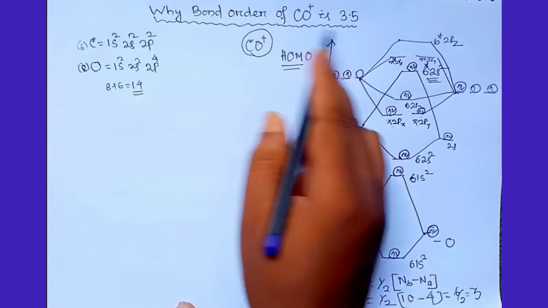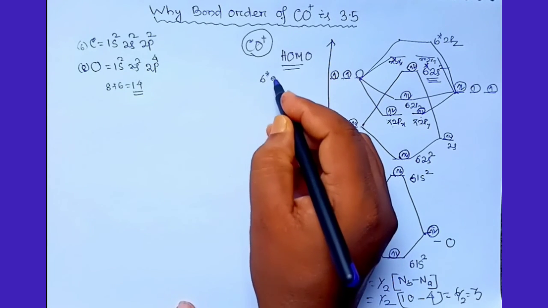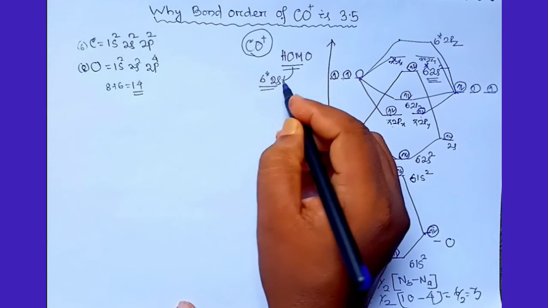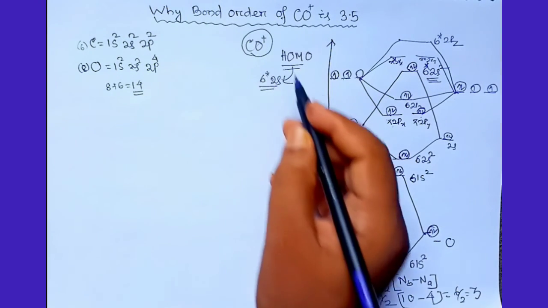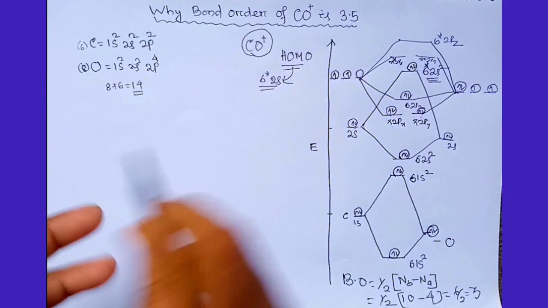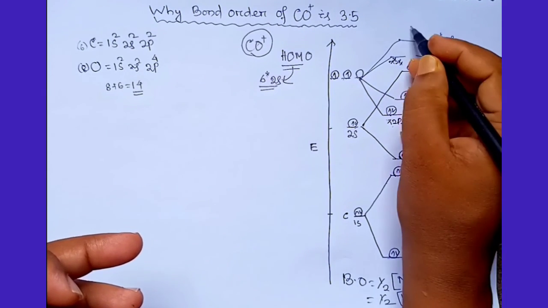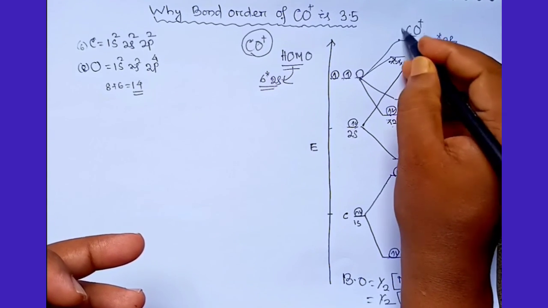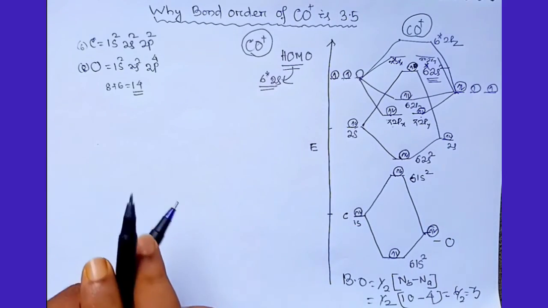In this carbonyl CO molecule, sigma star 2s is the highest occupied molecular orbital. This is the HOMO, so from this HOMO the electron will be taken out. When CO plus is formed, just this electron will be taken out, because this is the HOMO.